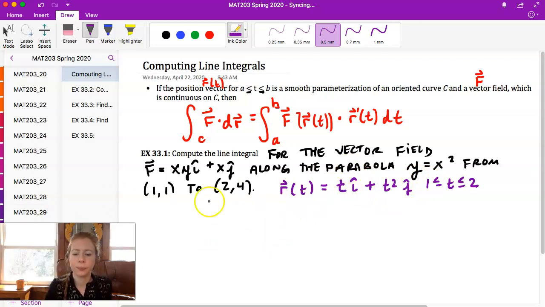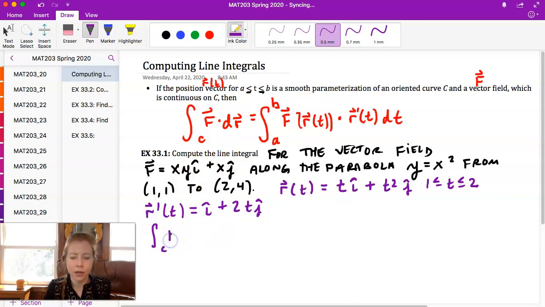All right. So then let's take the first derivative of our position vector, and that is going to be i hat plus 2t j hat. And so then we're going to plug it into our definition up there.